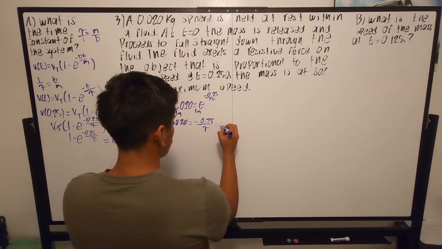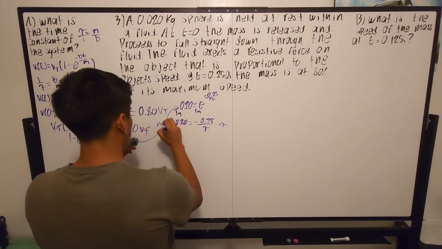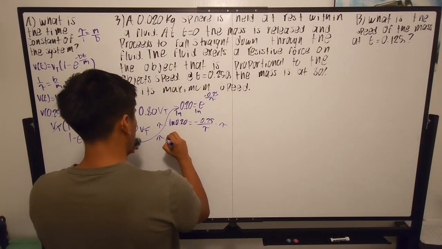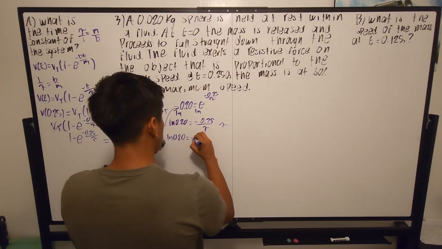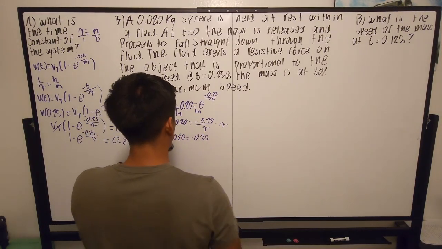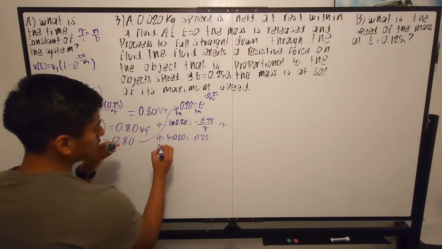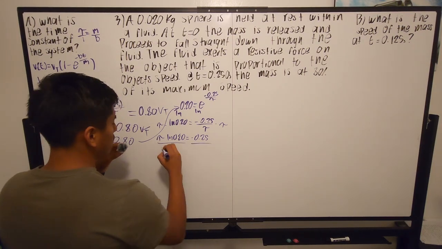So I'm going to first multiply both sides by tau. So now we have tau times the natural log of 0.20 equals negative 0.25. And now, again, tau by itself, so I'm going to divide by the natural log of 0.20.